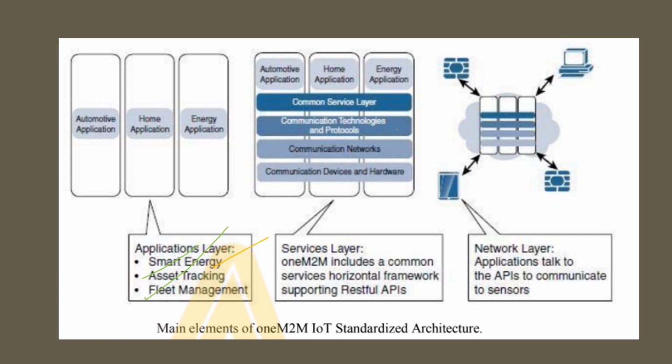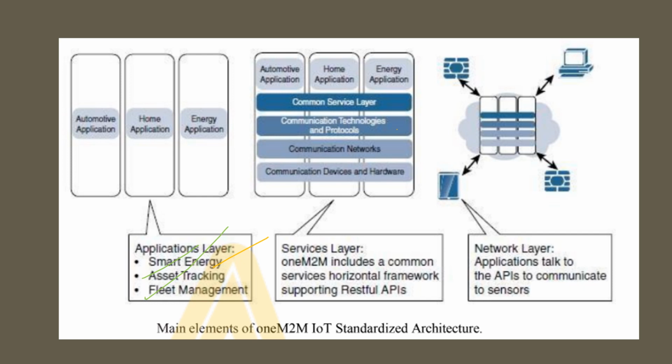Coming to the service layer, the first layer is the application layer. After the application layer, there are common service layers, and then communication technology and protocol, communication network, communication devices, and hardware. In service layer, oneM2M includes the most common services, a horizontal framework supporting RESTful APIs, where we can access the APIs from other websites using URLs.